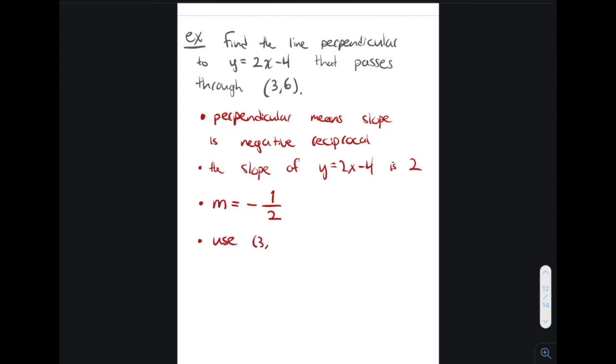And again, before, to find the other part of the equation, let's use a point that it goes through. We know that it goes through 3, 6. So then we can get that 6 equals negative 1/2 times 3 plus b, to find that b equals 6 plus 3/2, which should hopefully equal 15/2.